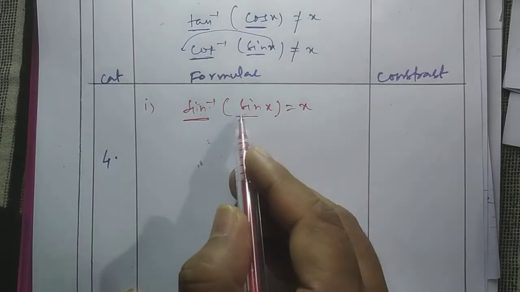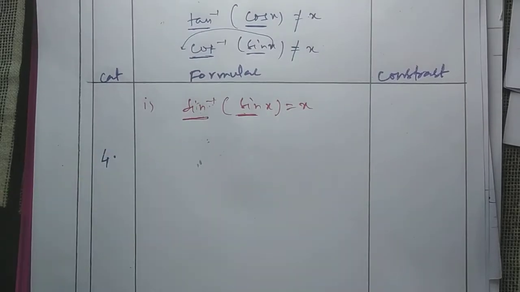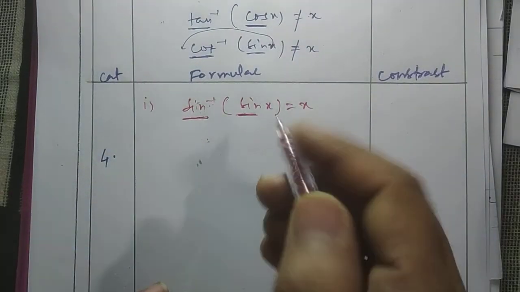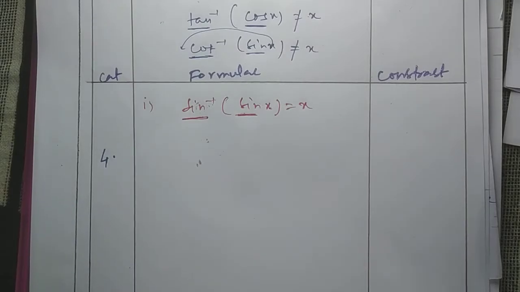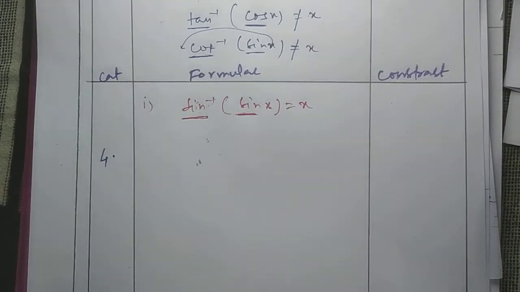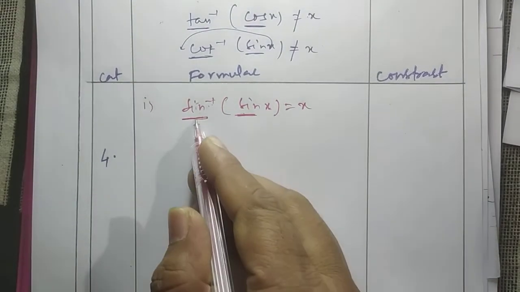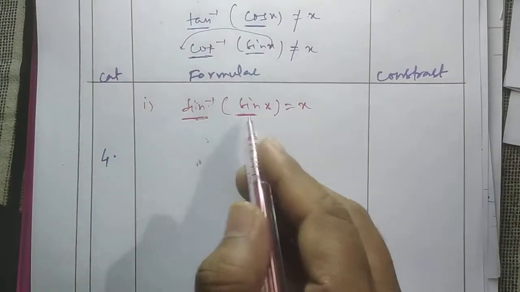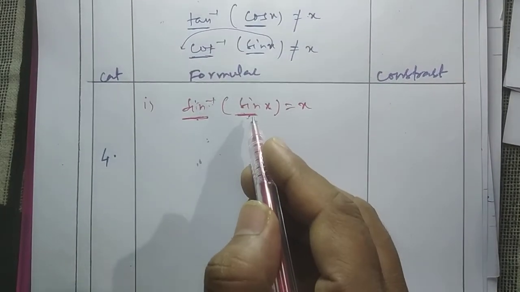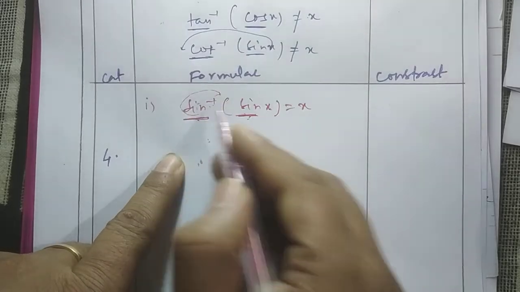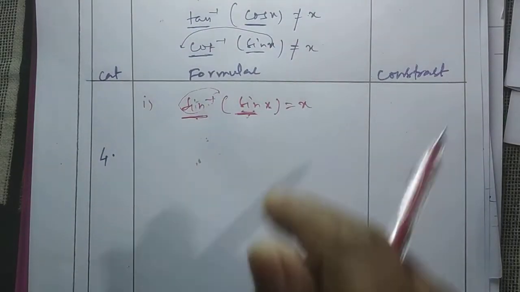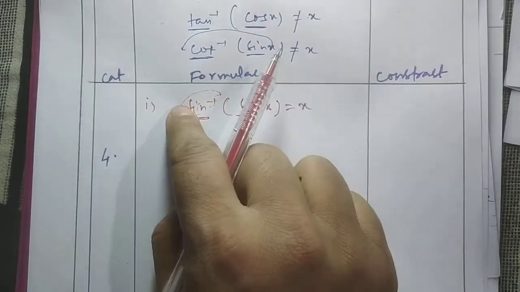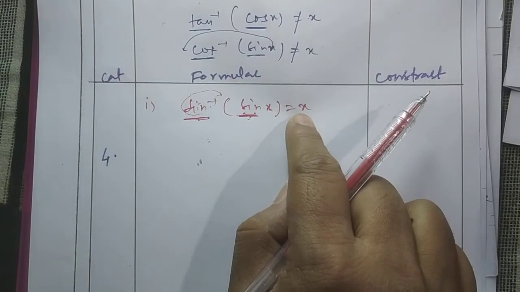Therefore, here sin inverse and sin x, both sin are matching. When they match, then the angle will come out to the outside without any change. Again I am saying, here the outsider is sin inverse and the insider is sin x. Now look here, sin inverse and sin both are matching. Then the angle will come out to the outside. Then it will be x.